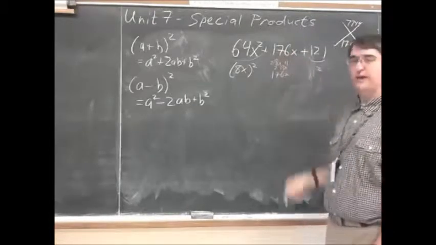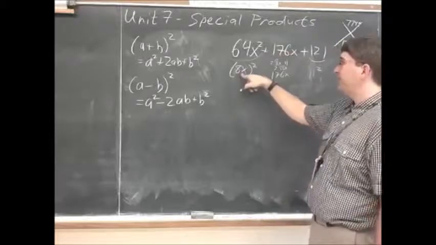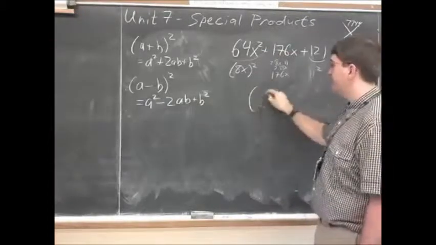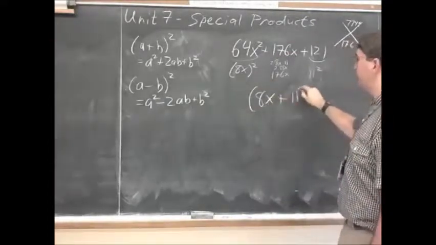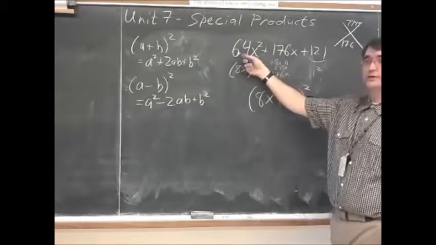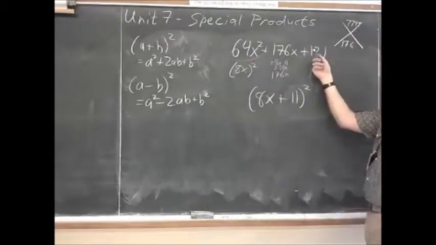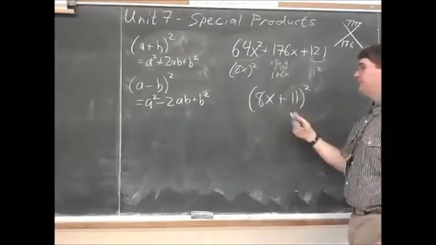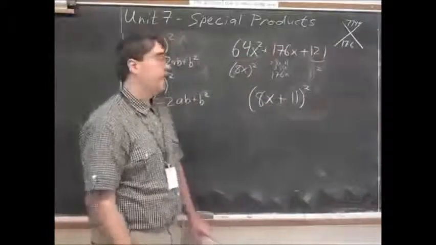So this is a perfect square, and it is the square of 8x plus 11. The square root of the first term and the square root of the last term are the two pieces for that perfect square polynomial.